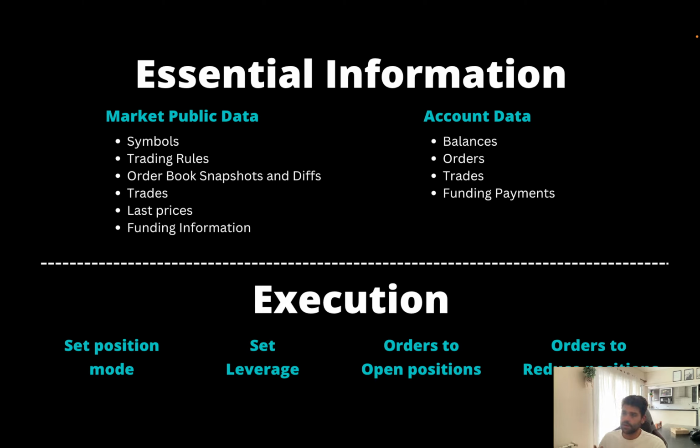The difference between the public and the account, or private data, is that to access the private data, probably you will need to use your API keys to request that information. Normally, it's related to information about your balances, your orders, and all that stuff, because it's private information. You cannot access it without credentials.